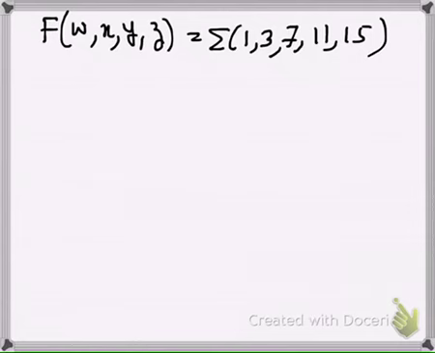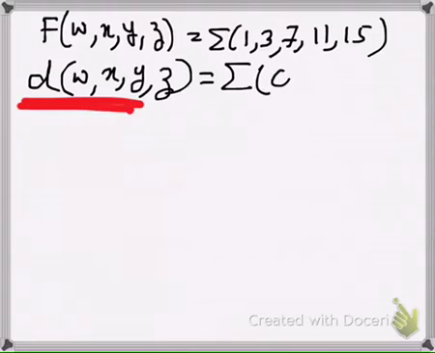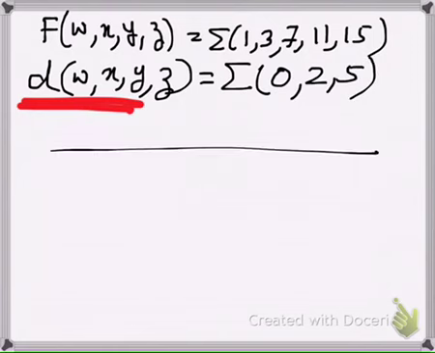Along with this, we are given another function d(w, x, y, z), which is the set of don't care conditions. The minterms which have don't care values are 2 and 5. We can write it this way.